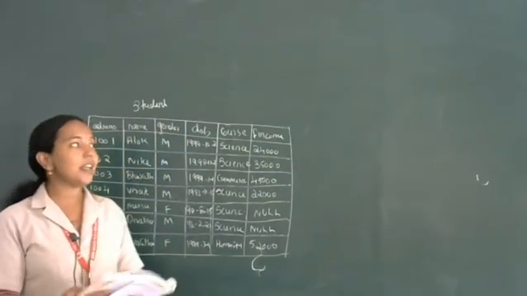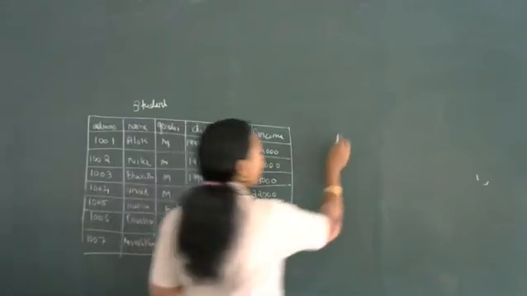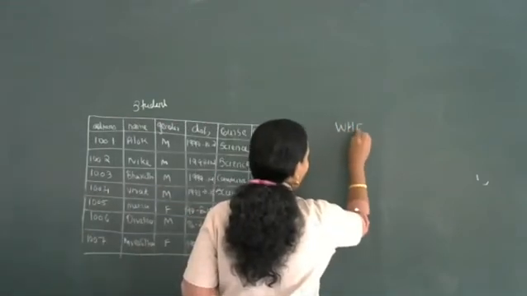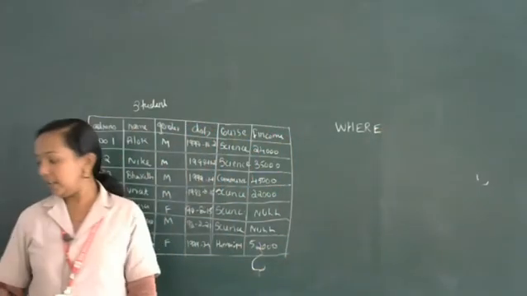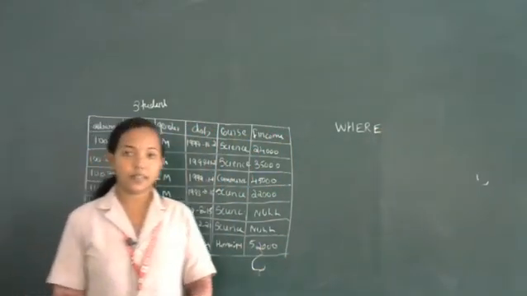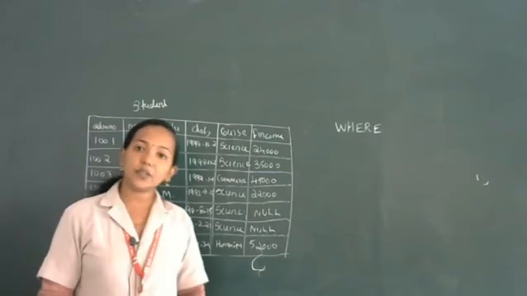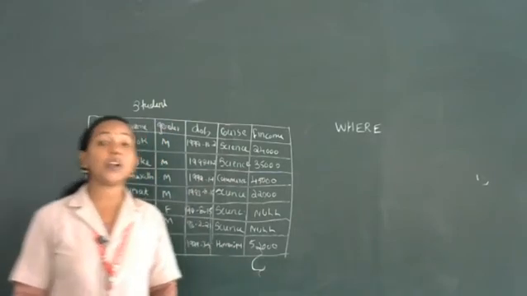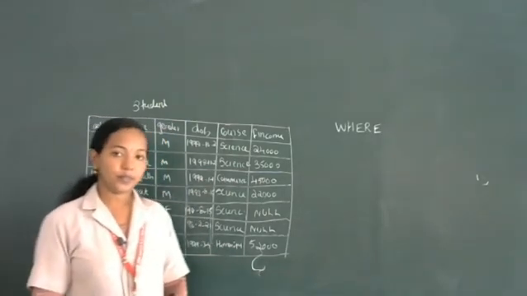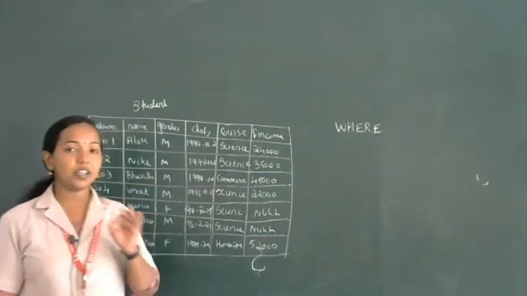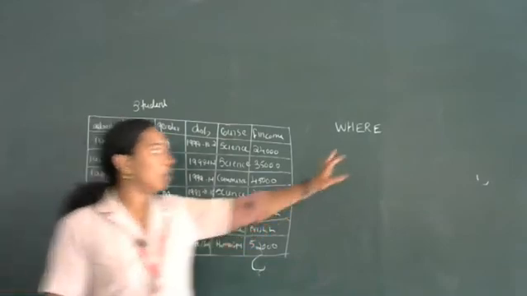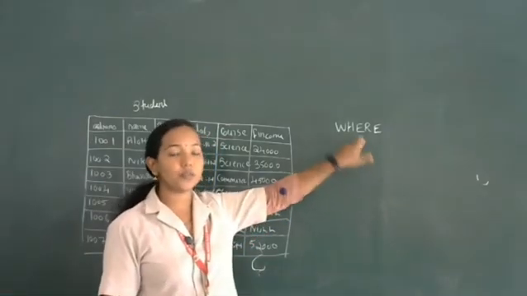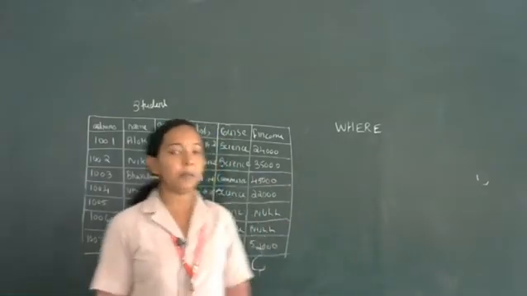Then in the select command we use a special clause called the where clause. Where means we can select values from the table according to a condition. Whenever a select command includes a condition, you use the where clause. The where clause is very, very important.